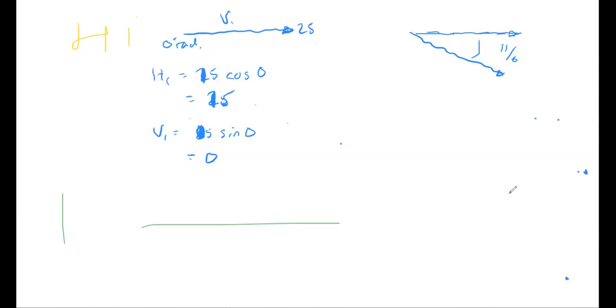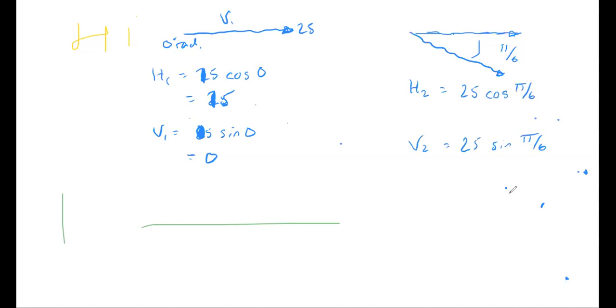Right. So this one, horizontal component, H2, is 25 cos of pi over 6. And vertical 2 is 25 sine pi over 6.